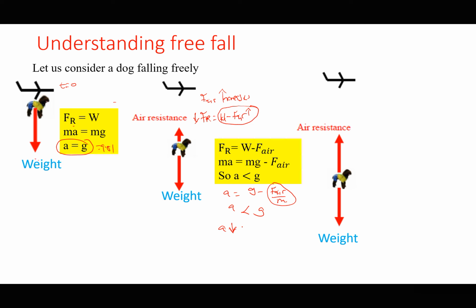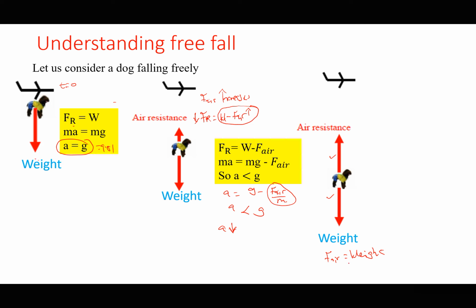Okay, then there would be a point where, when you look at this R and this one, it appears as if the force due to air resistance upwards is balancing with the weight. What is the difference between these two? It means the resultant force here is going to be 0.